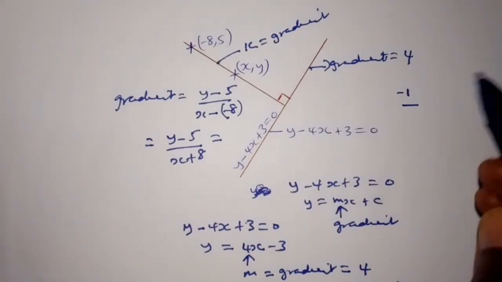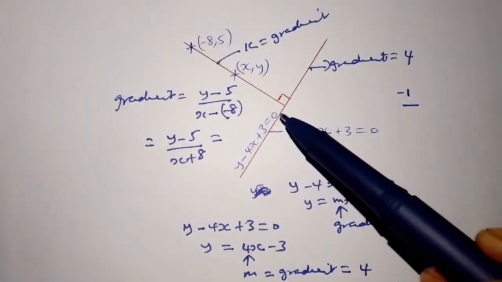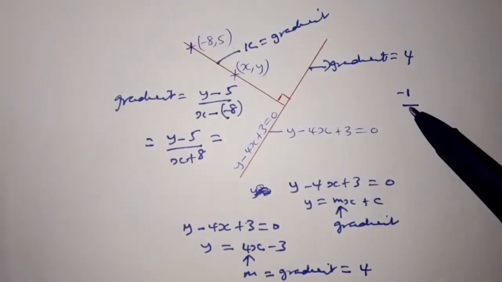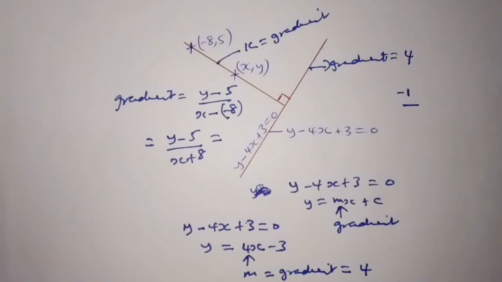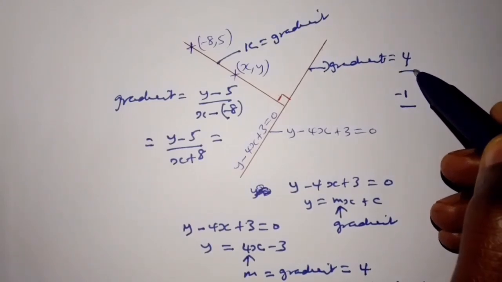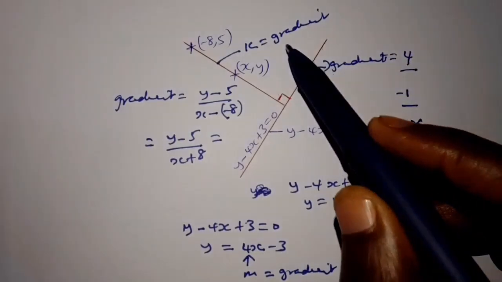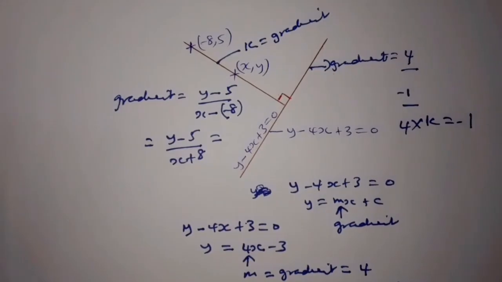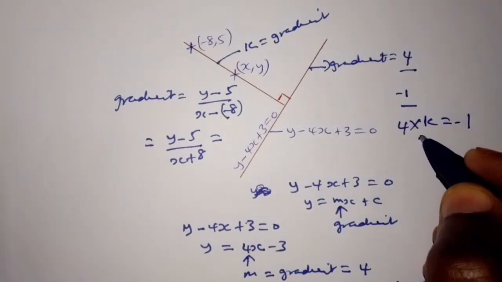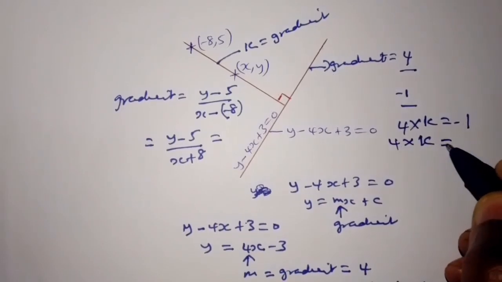And we know that the product of the gradient of this line and this line is supposed to give us -1, because they are perpendicular to one another. We have already found the gradient of this line to be 4. So 4 times k is supposed to give us -1.